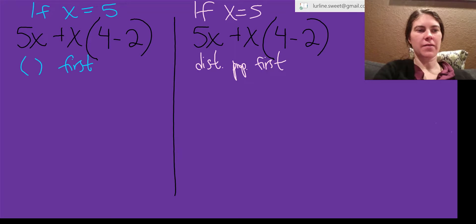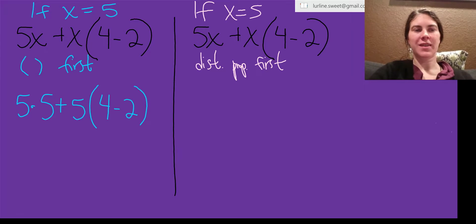So if x is 5, I'm going to do something we call plugging in, or evaluating the expression. So 5 times x is 5 times 5, plus, instead of x, I'm going to write 5 times 4 minus 2. Alright, I just plugged it in.